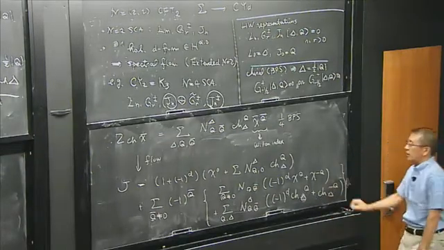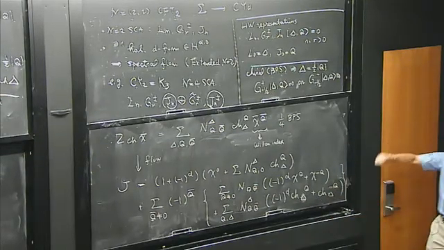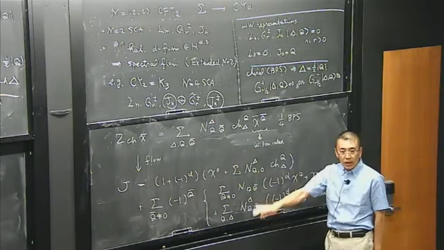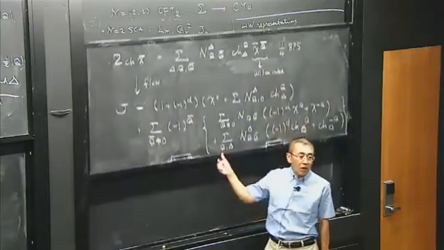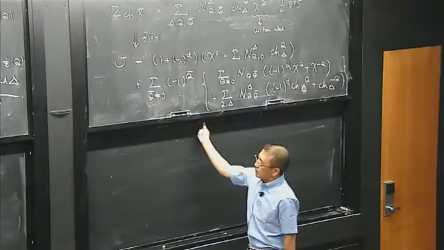So the detail is not important, but I just wanted to say that all these are expressed in terms of multiplicity that appear in this half and quarter BPS sectors.